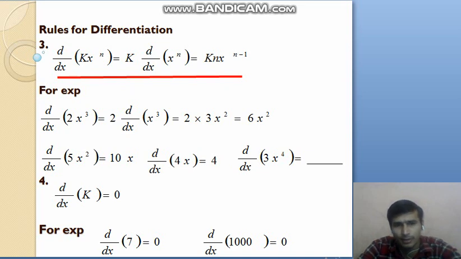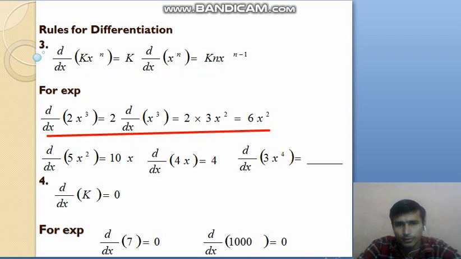So for example, if we consider d by dx of 2x cube, right, where 2 is a constant value. So we take out from the differentiation 2 d by dx of x cube. Now what is the differentiation of x cube? You know very well. 2 constant multiplied by differentiation of x cube, that is 3x square, right?